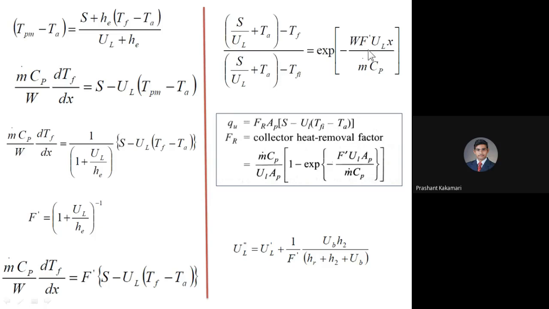We can write QU equal to m Cp delta T. If I take all the remaining terms on the right hand side, considering this complete bracket with exponential terms as it is, I can write it as FR into Ap into S minus UL, the loss coefficient, into the bracket (Tfi minus Ta). So this we have found out for the useful heat gain if the heat removal factor is considered.